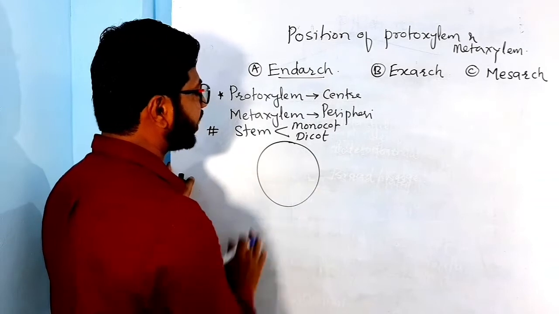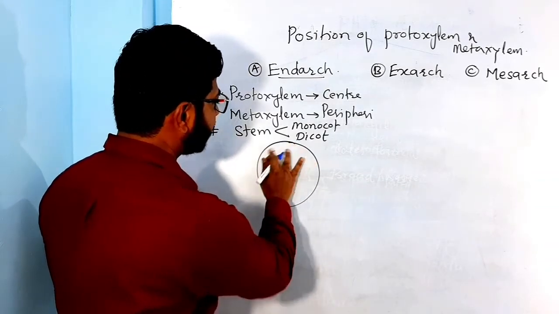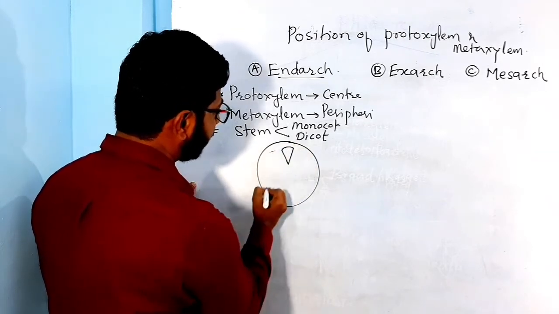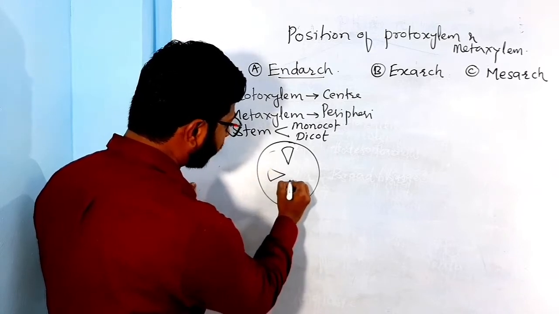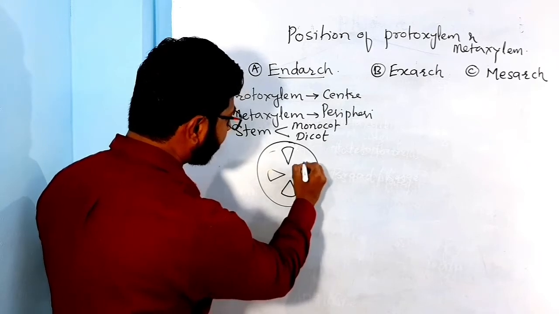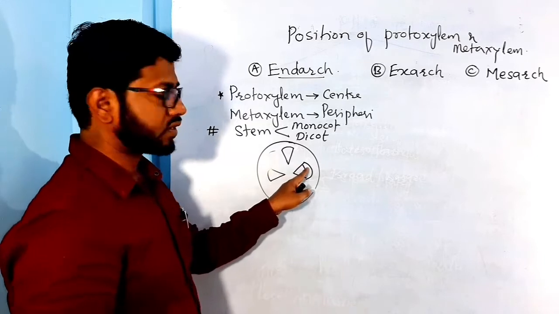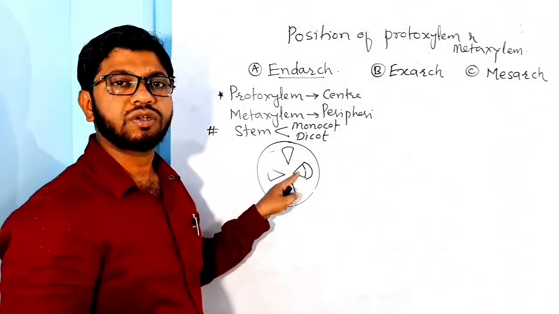Now let us consider this is a transverse section. In this transverse section, the base is broad, which is at the periphery, and the narrow apex is facing towards the center, like this. So this diagram shows that the broad portion means metaxylem and the narrow portion is protoxylem.